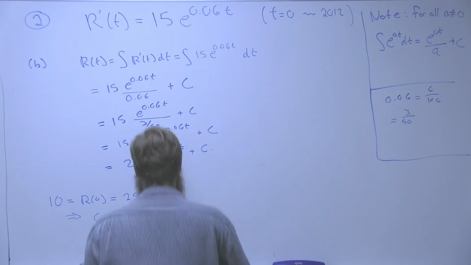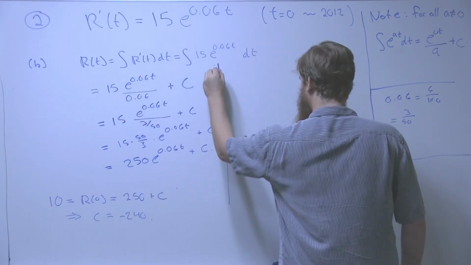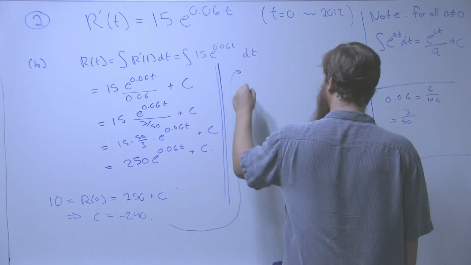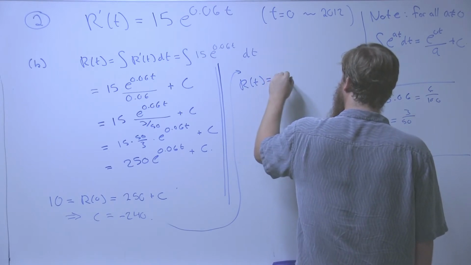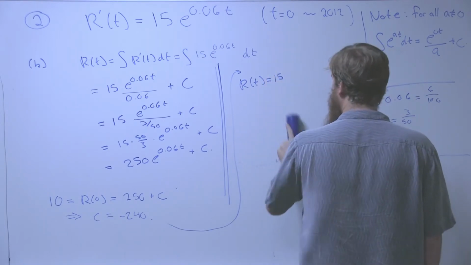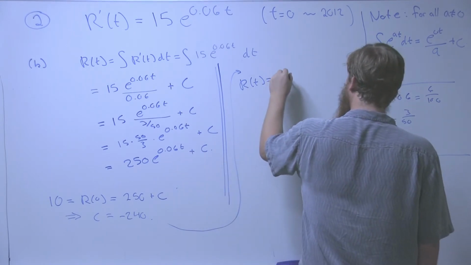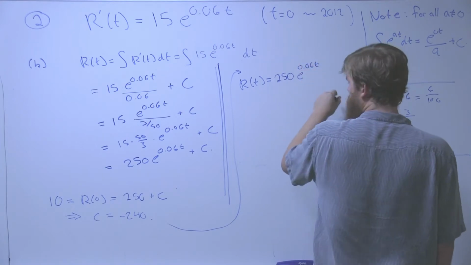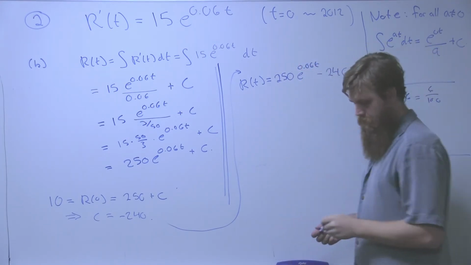Hence, our formula implies r of t is equal to 250 times e to the 0.06 t minus 240. And that's it, we win.